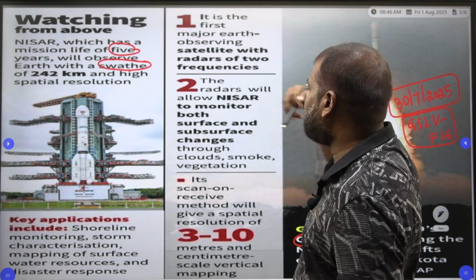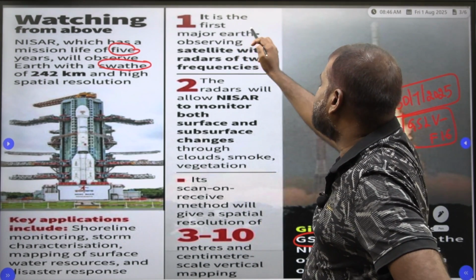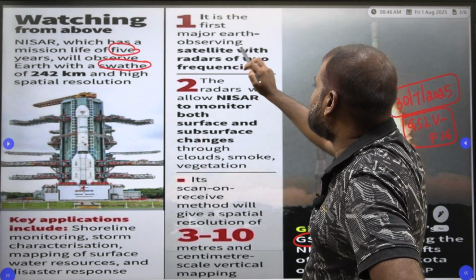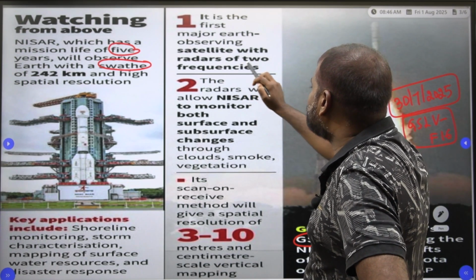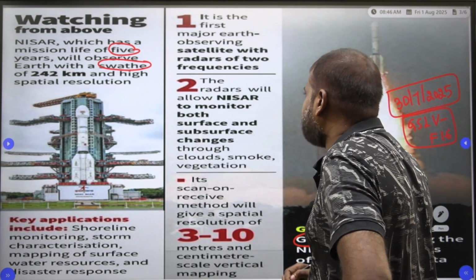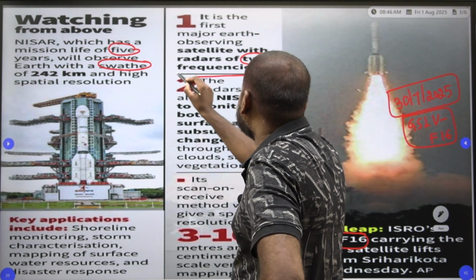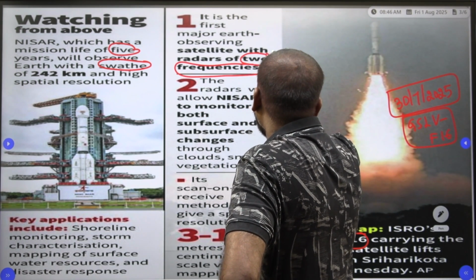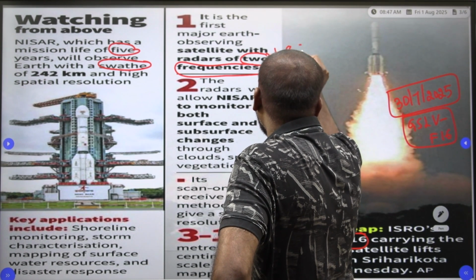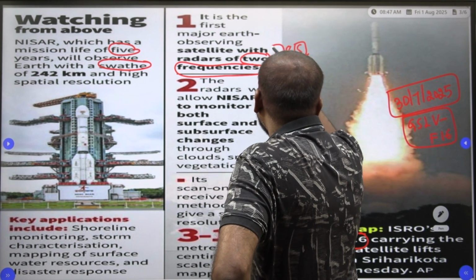So, what are the main objectives? It is the first major Earth observing satellite with radars of two frequencies. What are the two bands? L band and S band, two frequencies they are using.